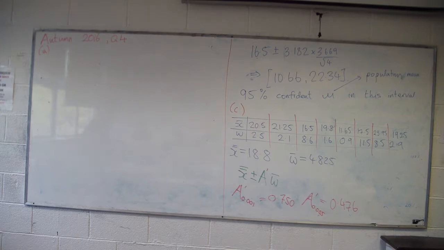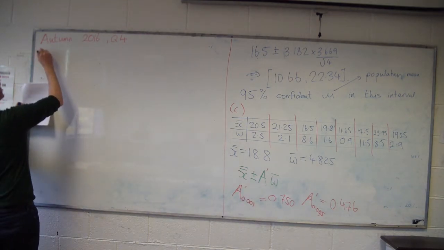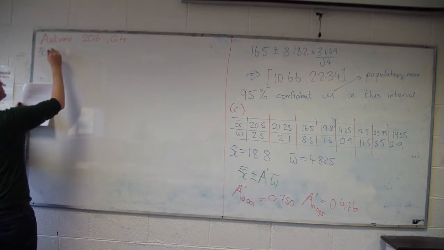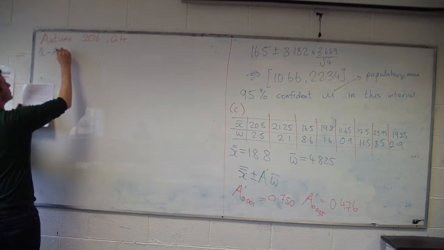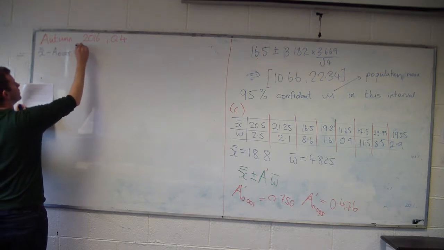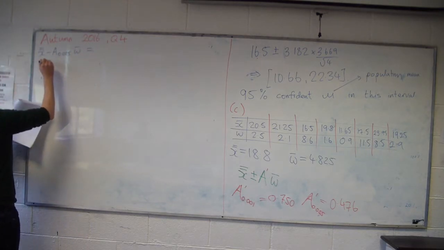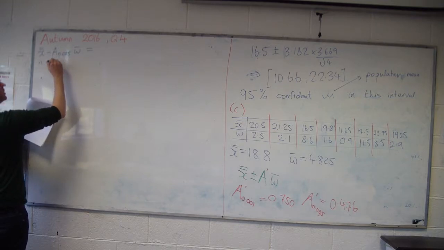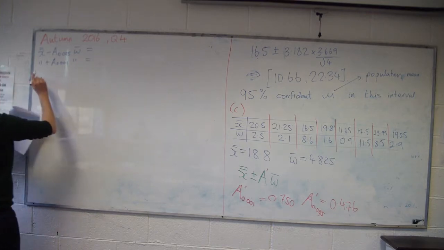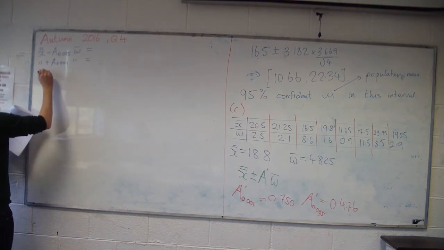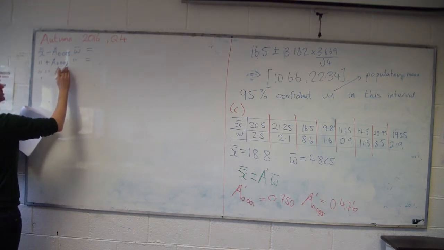So we'll calculate some numbers now. We have x bar minus A 0.025 w bar, we'll do that one. X bar plus A 0.001 w bar equals the same thing.